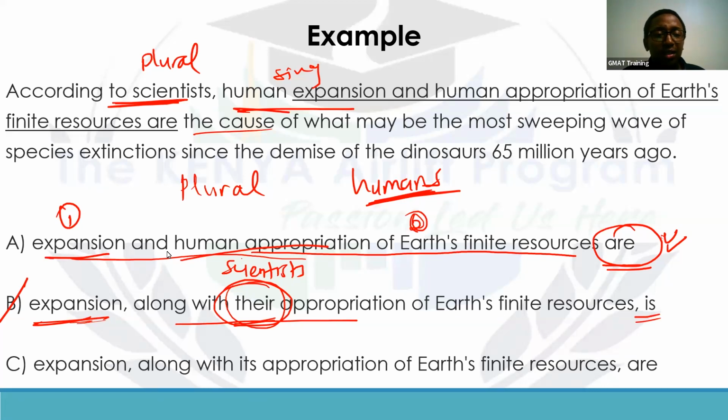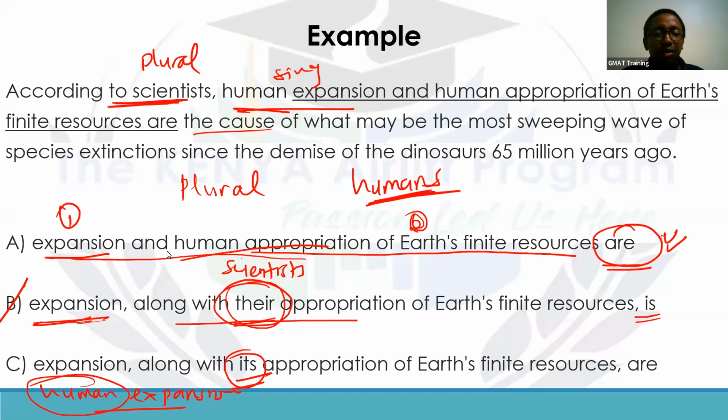And then C, according to scientists, human expansion along with its. So now we move from scientists to maybe checking what other noun this would refer back to. So remember, we have human expansion here. Remember, this is not human.